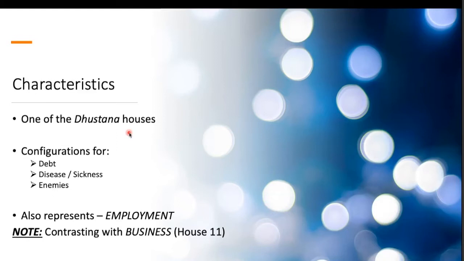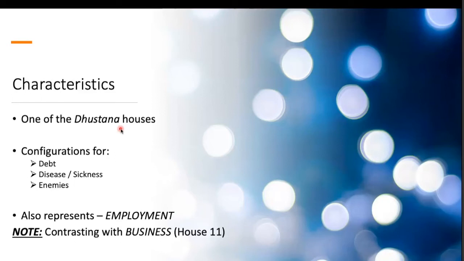So Dhustana houses are unfavorable periods, and it depends on who is the owner of your Dhustana houses. Let's take the 6th house, for example. For, I don't know, Mesha Laknam, Aries, if that is your first house, obviously Kanya Bhava, or Virgo, is your 6th house, and the owner of that house is Mercury.